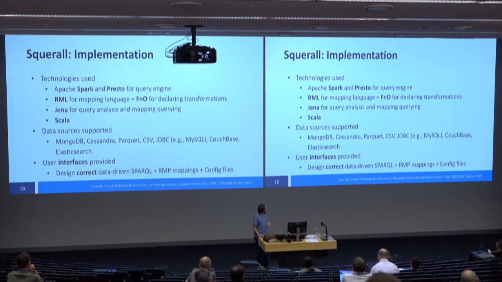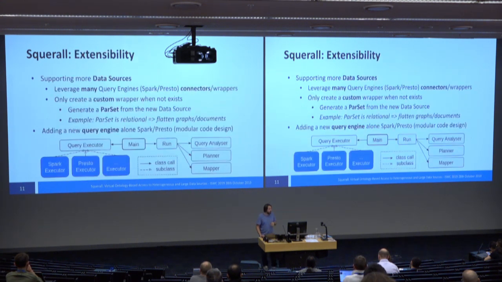RML is used as the mapping language, and the function ontology, FNO, for declaring transformations, Jena for query analysis and mapping everything, and all of that is written and completely open source in Scala. At the moment, the data sources that are supported are MongoDB, Cassandra, Parquet, CSV, some JDBC like MySQL, Couchbase, and Elasticsearch. And we also provide a user interface.